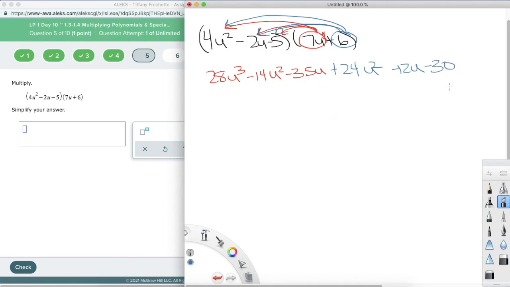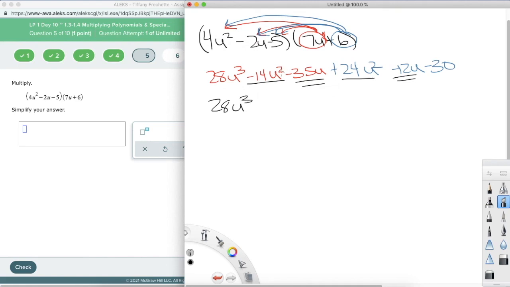All right, so these ones, it throws off that like terms in the middle just a little bit. They're still in the middle, but they're separated just a little bit here. So I have my u squareds, and then I have just my u's. So remember, they have to be exactly the same to be like terms. So I'm only going to combine the ones that are exactly the same as far as having the variable with the exponent the same.